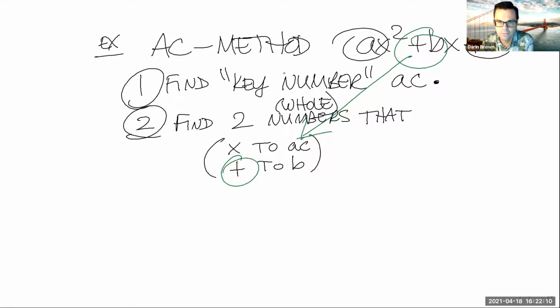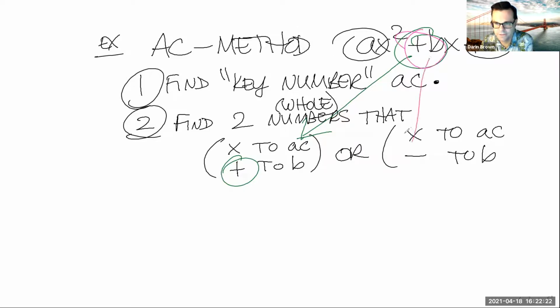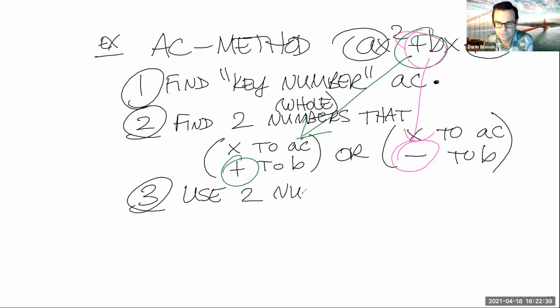Or multiply to AC, so they're always multiplying to AC, and subtract to B. In that case, you're looking at this case. So notice this sign here tells you which case, whether you're trying to find a sum or a difference. Then when you find those two numbers, you use those two numbers to split up the middle term, the linear term.